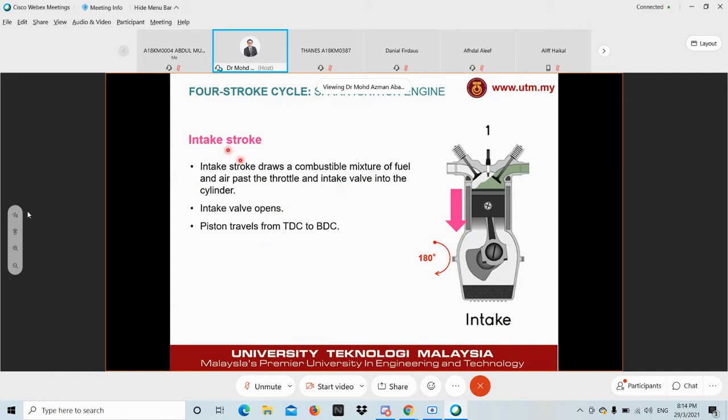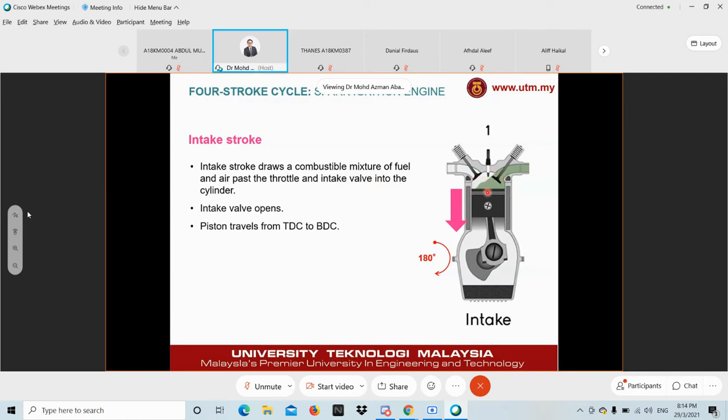The first one is the intake stroke. This intake stroke draws in a combustible mixture of fuel and air past the throttle body and through the intake valves into the cylinder, or in other words, into the combustion chamber.